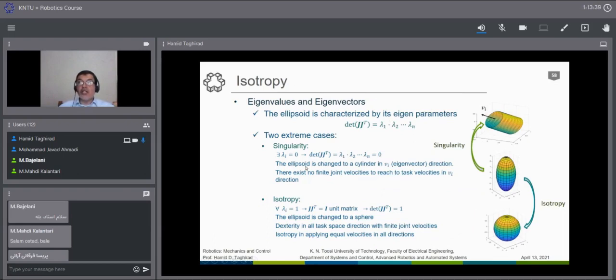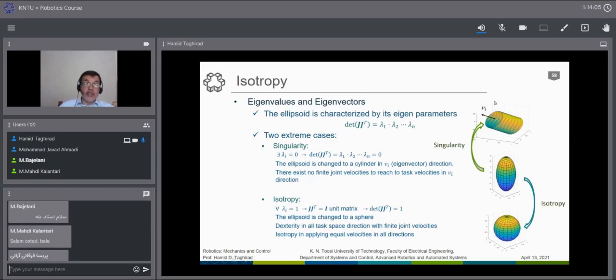The ellipsoid is changed to a cylinder in v_i, which is the eigenvector direction, and there exists no finite velocity to reach the task velocity in v_i. This will become very, very large. As we saw before, the determinant will be 0, and that will give you a very large velocity at the end effector.